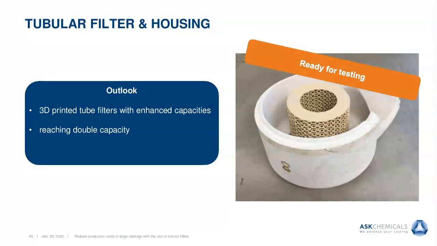When we reach the same results as with our other printed filters, we are able to at least double the capacities. That means, in this case, for a 150 tall tube filter, a capacity in steel of around 4,000 kilograms, or even 4 tons.